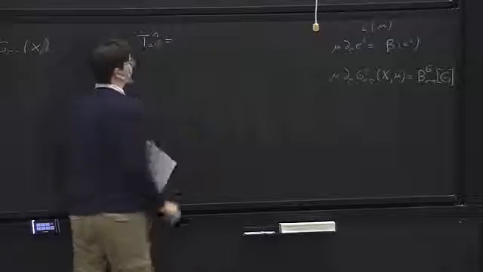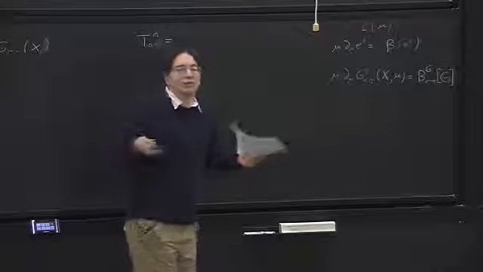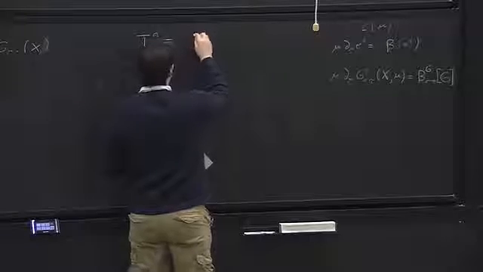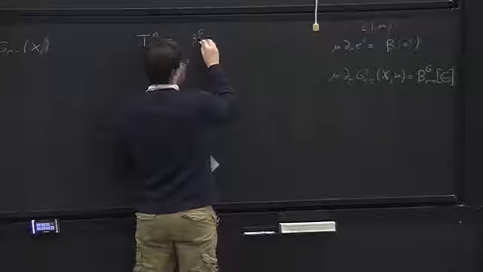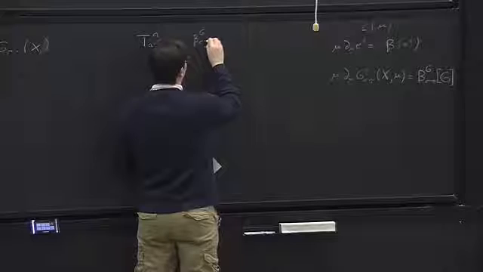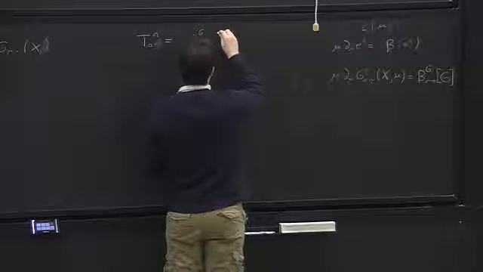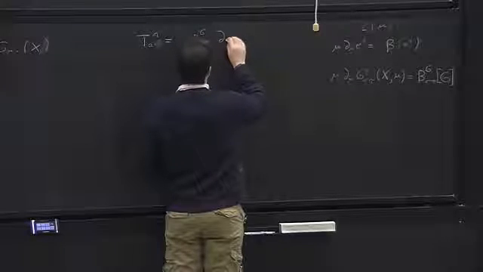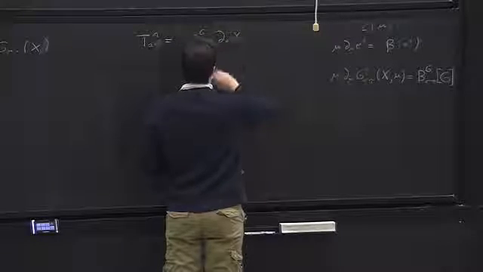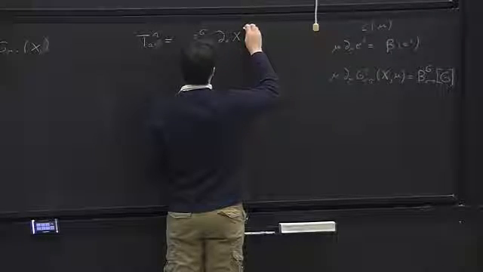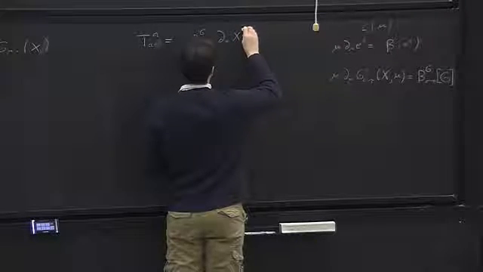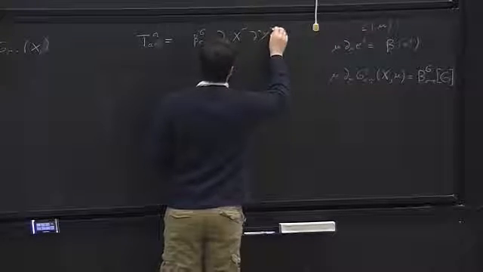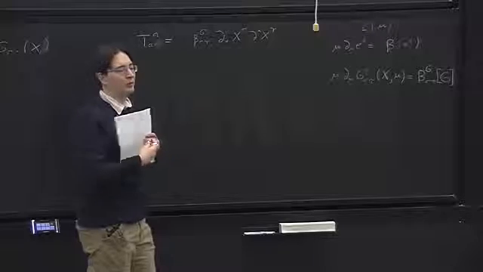You can say that the trace of the stress tensor is not zero in your theory, but quantum mechanically it becomes something non-zero. For example, it might acquire a contribution that is non-zero and is proportional to this operator.